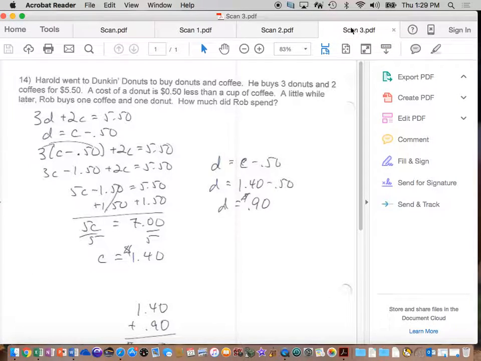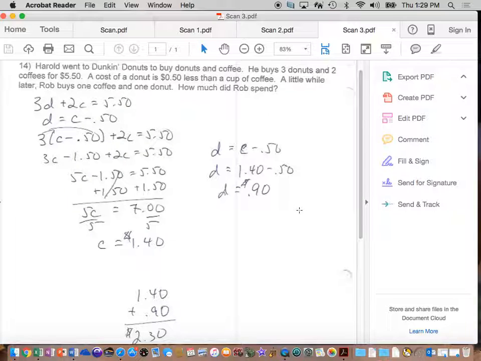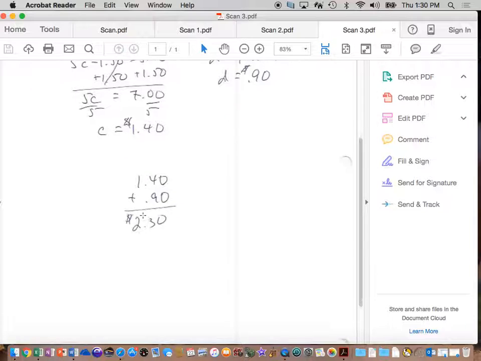And last but not least, number 14, where you have to translate it into 3 donuts and 2 coffees equals $5.50. That's the first equation there. And then a donut is 50 cents less than a coffee. That's the second equation. And then you just start solving the algebra.